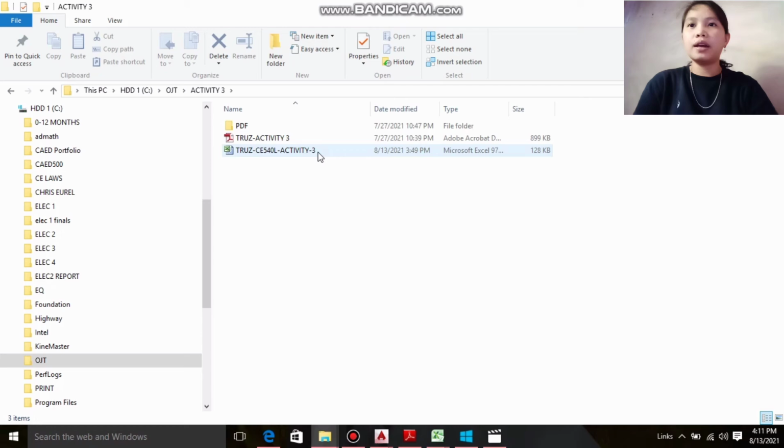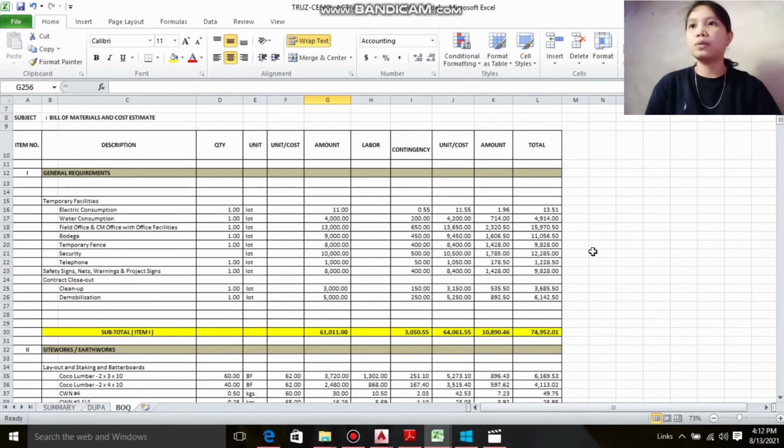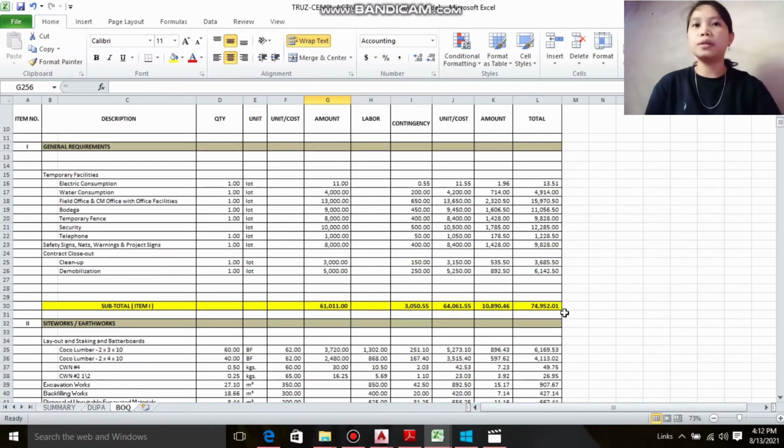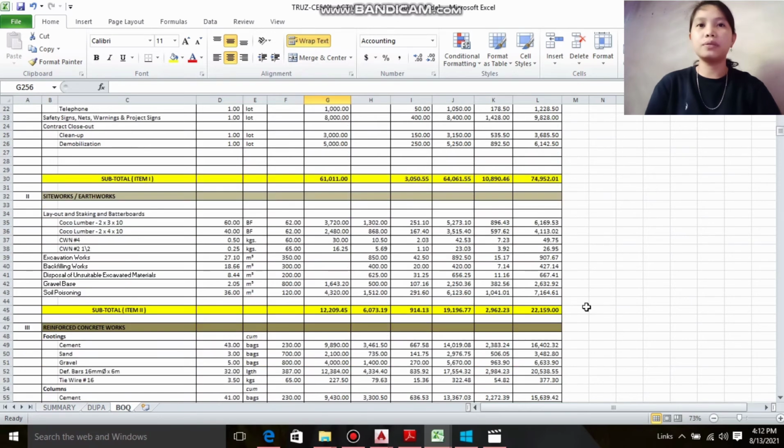And for the activity 3, which is the BOQ or bill of quantities. So the general requirements now 774,952.01.